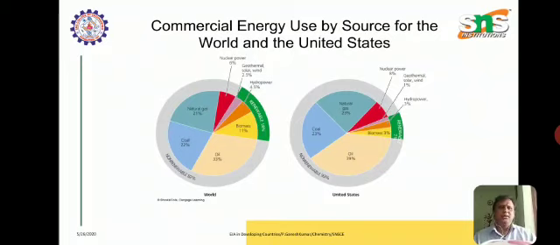Look into this, the major part holds oil: the United States 39% and the world 33%. And coal is 22% for the world, and the United States is almost the same. And natural gas is comparatively the same. But what does this mean? Natural gas, coal and oil are definitely fossil fuels, which can produce pollution and will be exhausted in the coming future.